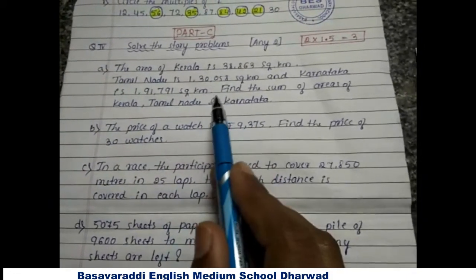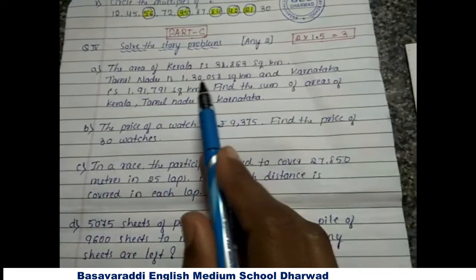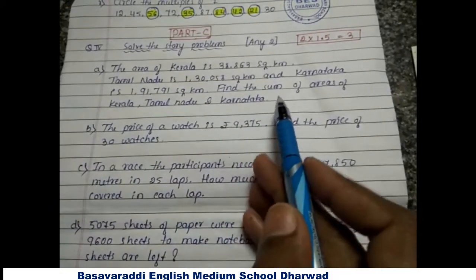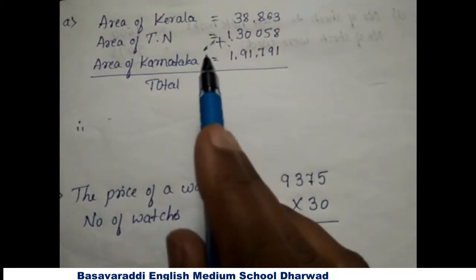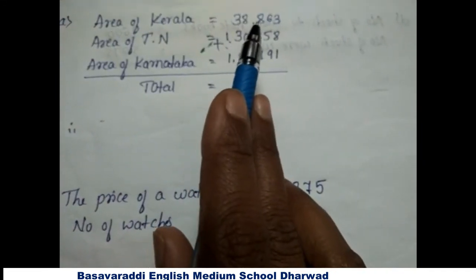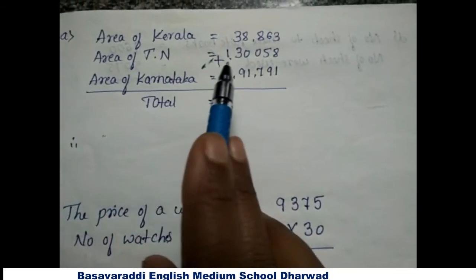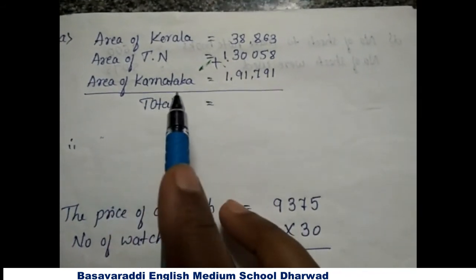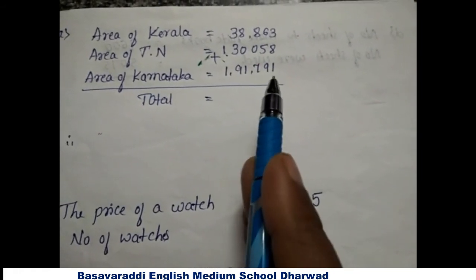Read the question carefully. What we have to find out here is the sum of areas of these states. The word sum shows addition. So do the addition now. Write the numbers from the question: the area of Kerala is 38,863 square kilometers, the area of Tamil Nadu is 1,30,058 square kilometers, and the area of Karnataka is 1,91,791 square kilometers.